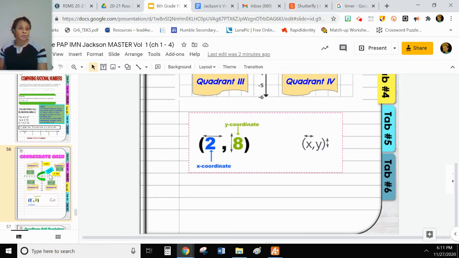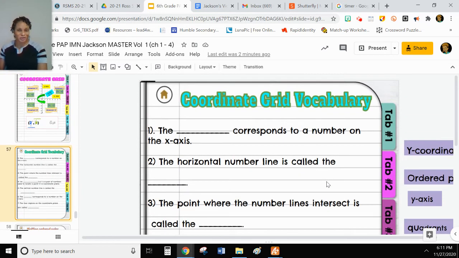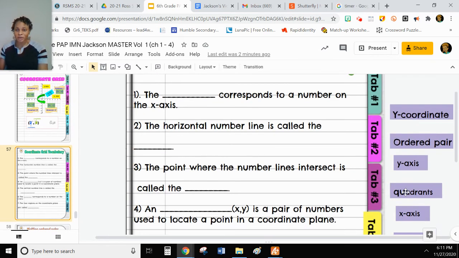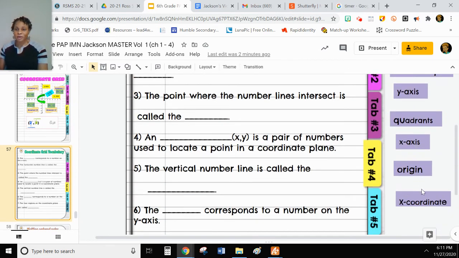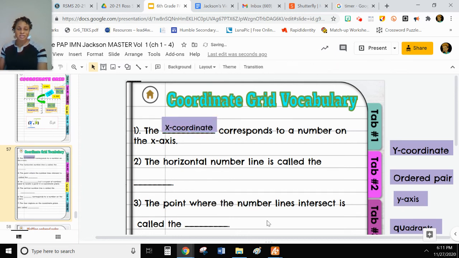So let's go through some vocabulary, because vocabulary is extremely important in this unit. The blank corresponds to a number on the x-axis. The blank that corresponds is called the x-coordinate. The x-coordinate corresponds to a number on the x-axis.